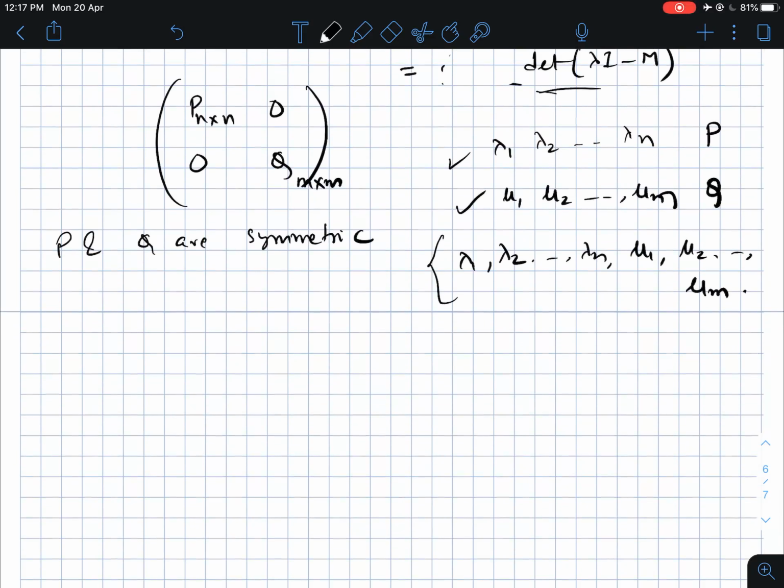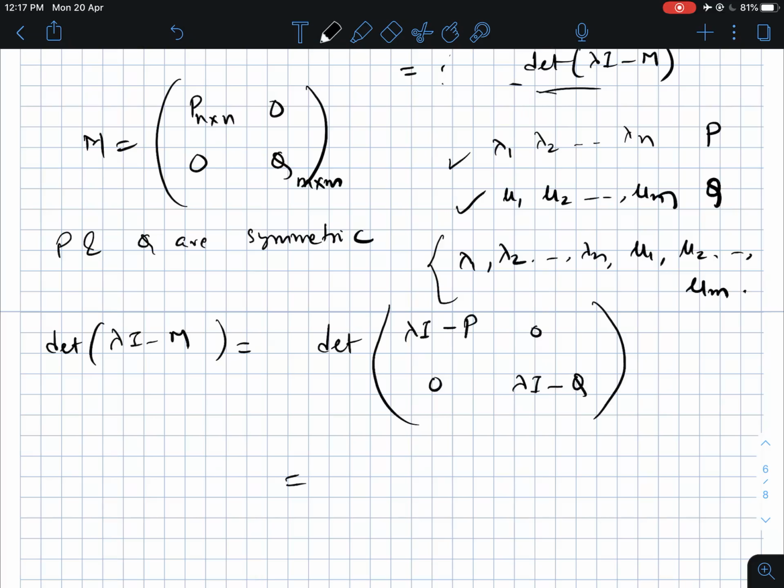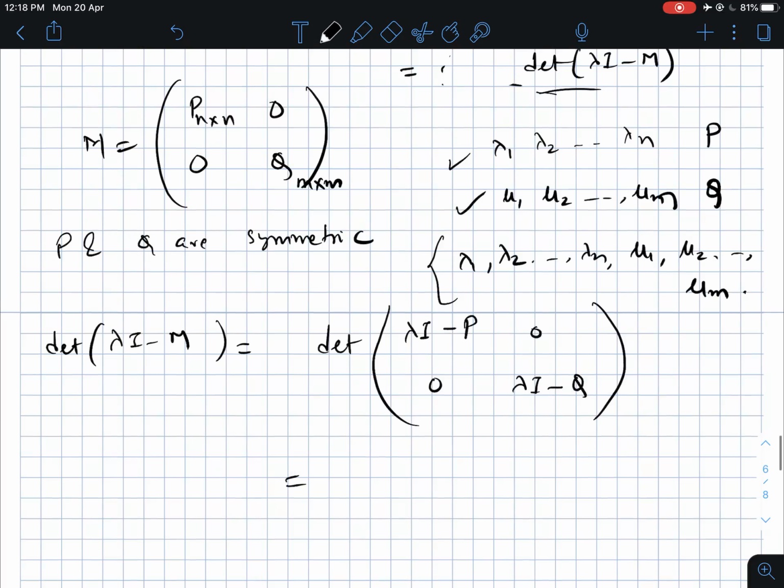Let me do the characteristic polynomial route, and I'll leave the other route as an exercise to you. You can find the characteristic polynomial of this block matrix. So consider the determinant of lambda I minus M, which is the determinant of the block matrix with lambda I minus P, 0, 0, lambda I minus Q. By the formula that we just discussed, when you have a block diagonal matrix, the determinant multiplies.